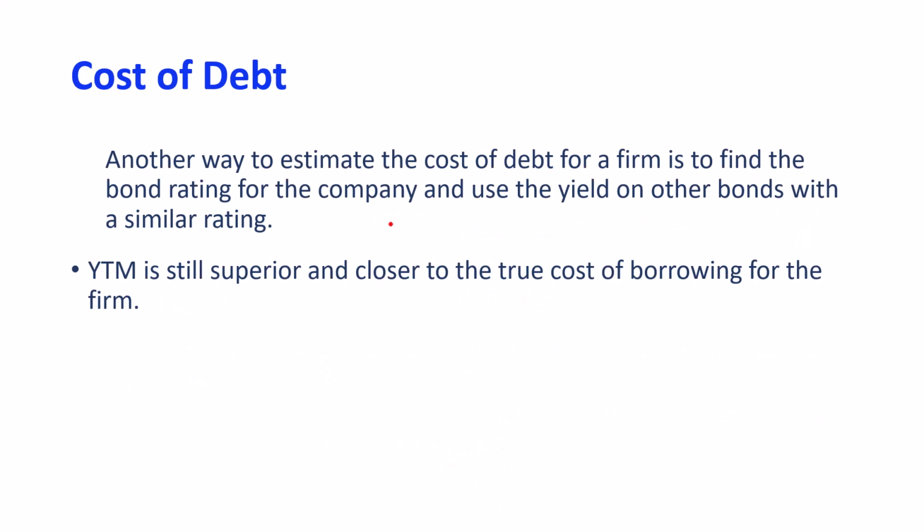Again, as I mentioned before, another way to estimate the cost of debt for a firm is to find a bond rating and then use that as an estimate for the cost of borrowing for the firm. For example, if the company that you're looking at is a BBB rated bond and the Moody's average yield for BBB rated bonds is 5.8%, we can use this as an estimate of the cost of debt for the company as well.